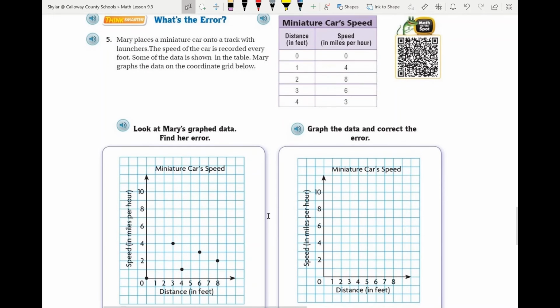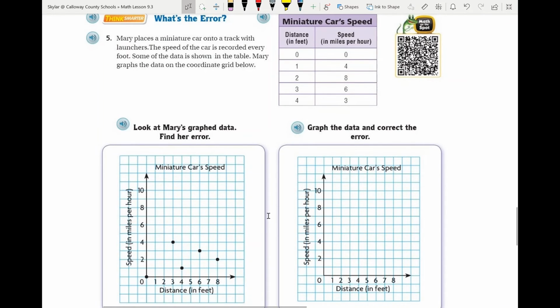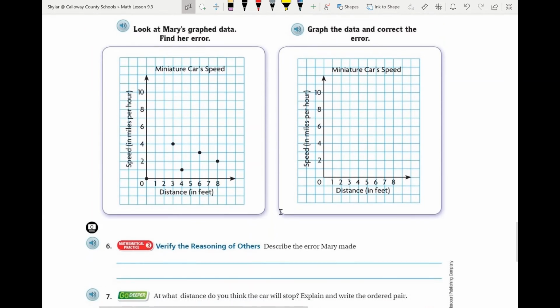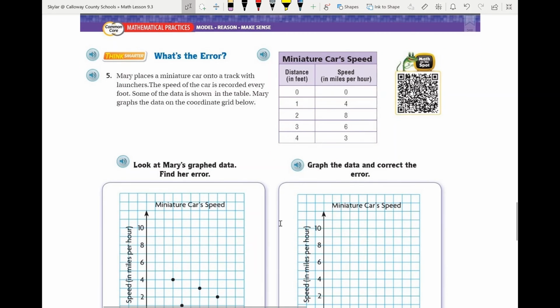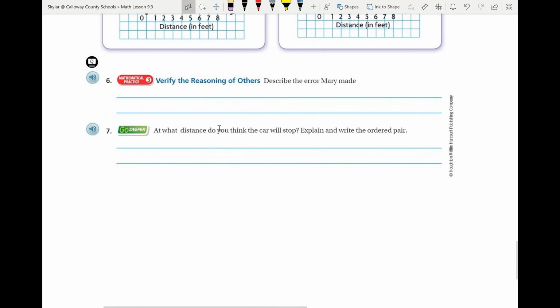However, she has made a very critical mistake in her graph. So here's what I'll advise you to do. Go ahead and graph the data yourself. Use this information up here, graph it yourself, and then see if you can figure out what it is she did wrong. And then we will talk about that, as well as questions 6 and 7.